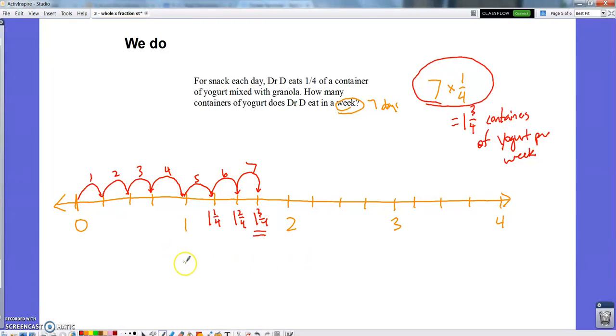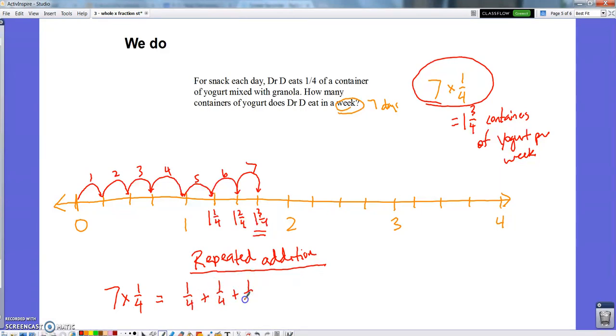That was yesterday. Today we're going to do the repeated addition strategy, and it works like this. 7 times 1/4 is 1/4 plus 1/4 plus 1/4, that's 3, plus 1/4 plus 1/4, that's 5, 6, 7.